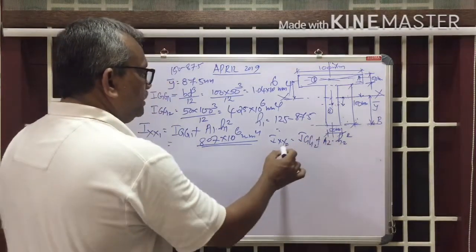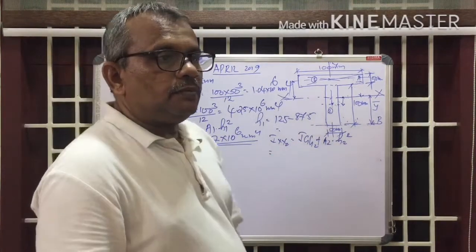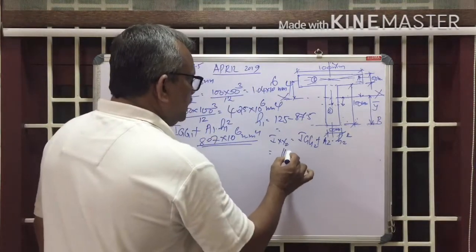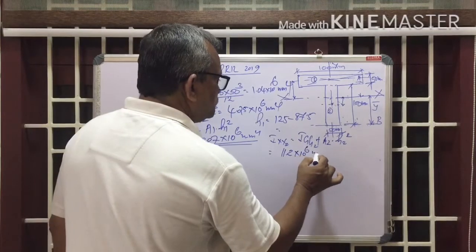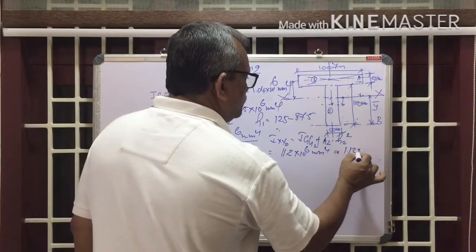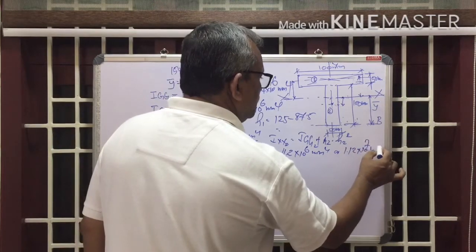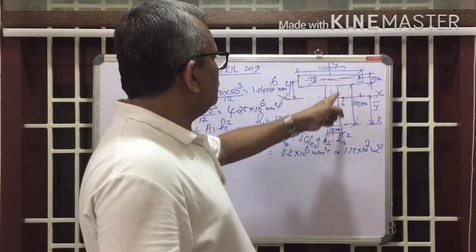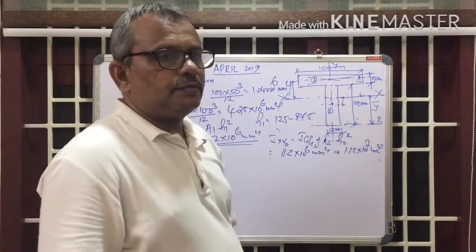Substituting that value, you can find the moment of inertia of the second rectangle also, that is equal to 11.2 into 10 raised to 6 mm raised to 4, or 1.12 into 10 raised to 7 mm raised to 4. So we got Ixx1 and Ixx2 separately.